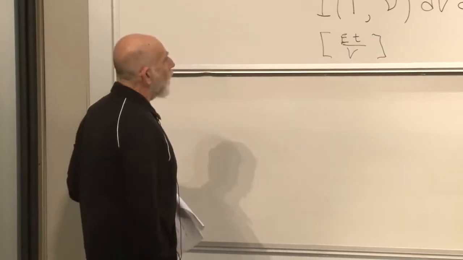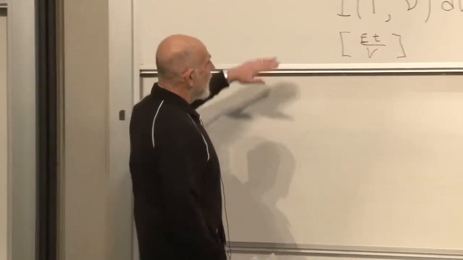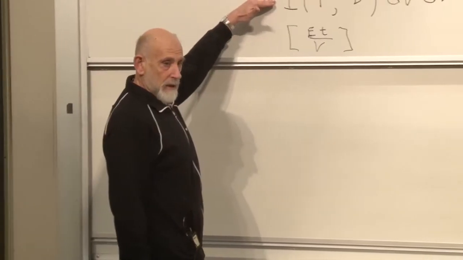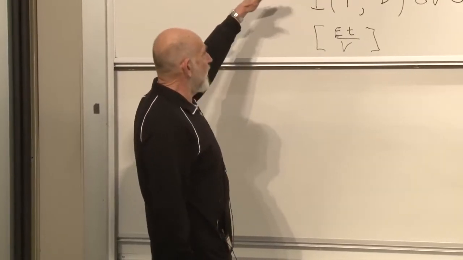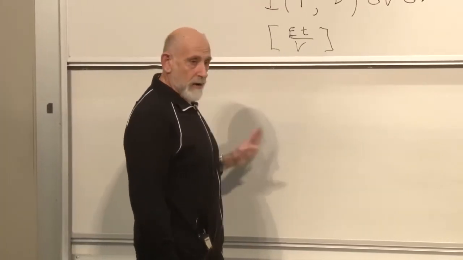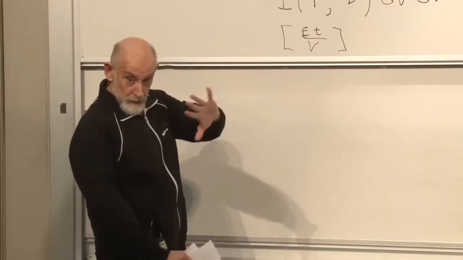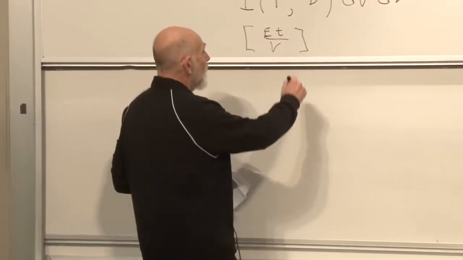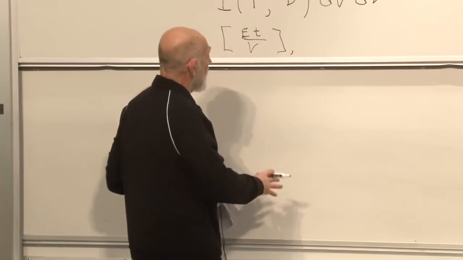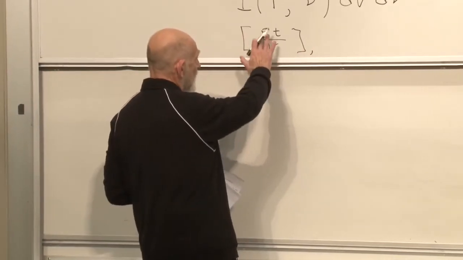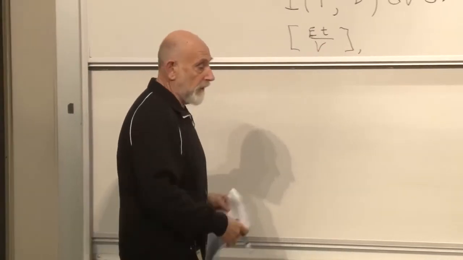Now you can ask, what kind of quantity can you make out of the temperature? What are the units of temperature? The units of intensity are energy times time over volume.